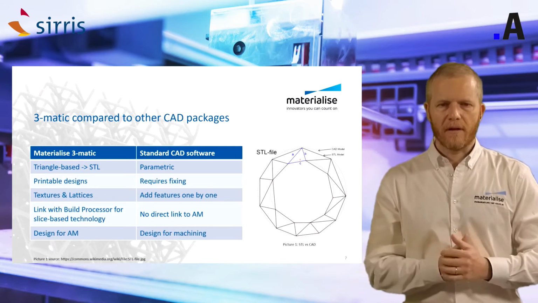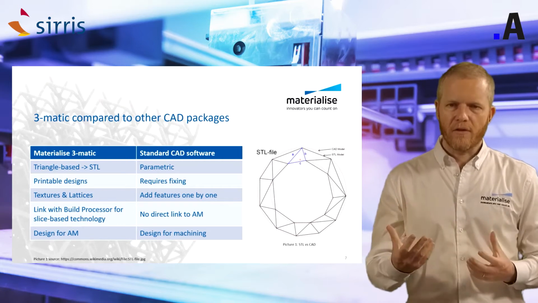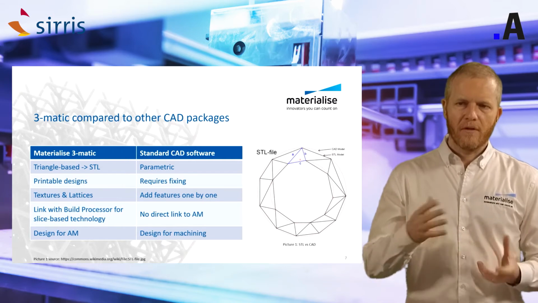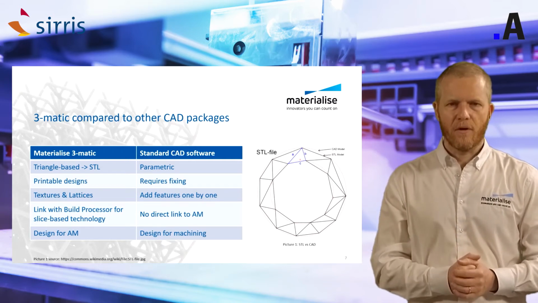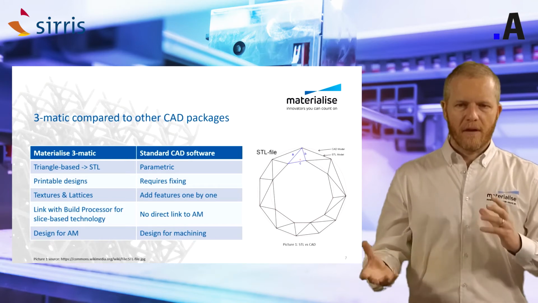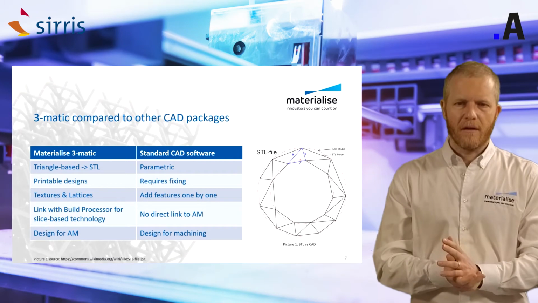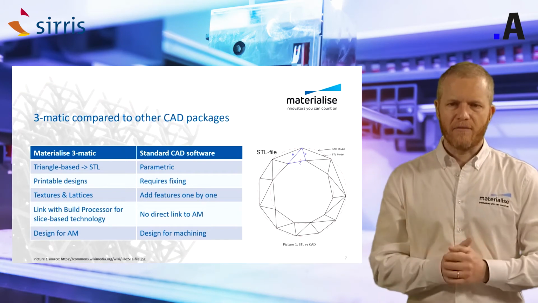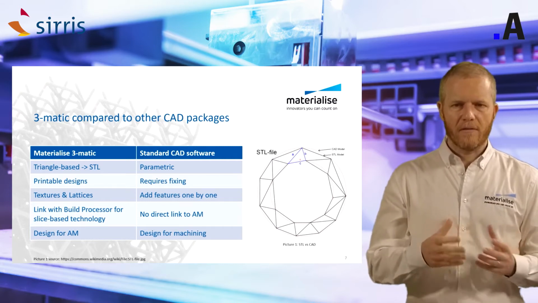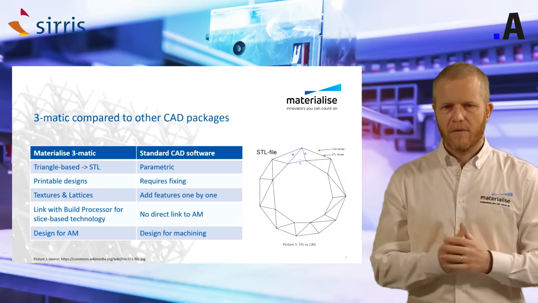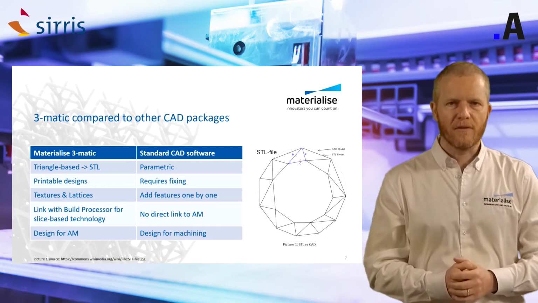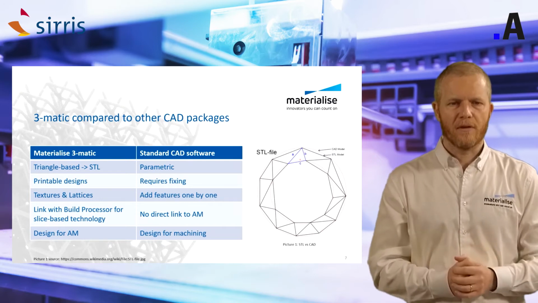While in the CAD software, the representation of the geometry is a parametric representation, so you need to have a conversion first to STL in order to print the CAD geometry. This conversion to STL means that you might require fixing of your STL representation before printing. While in Chromatic, you already know that you can print it, and also in Chromatic, you have fixing tools to make sure that you can print your design.